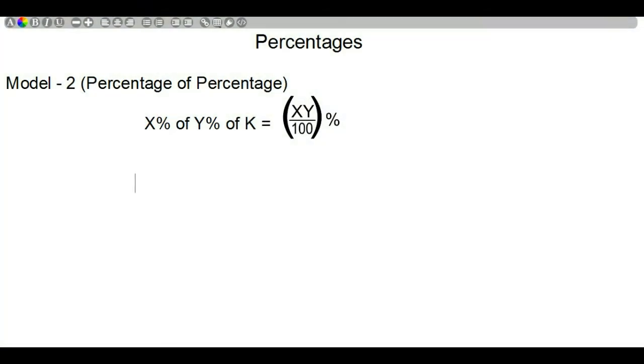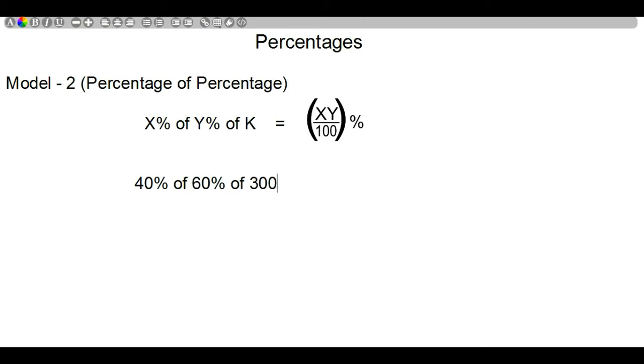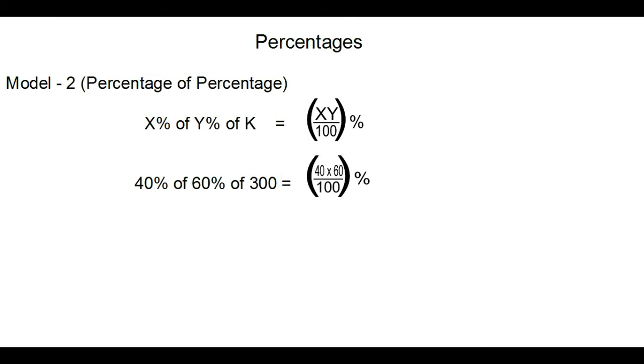Model from this topic, which is based on calculation of a percentage of a percentage. Let's look at this. X% of Y% of K is equal to XY by 100% of K. For example, 40% of 60% of some value, let us take 3000, can be taken as 40 into 60, that is X into Y. So 40 into 60 divided by 100% of 3000.